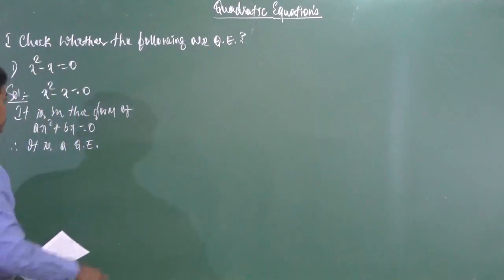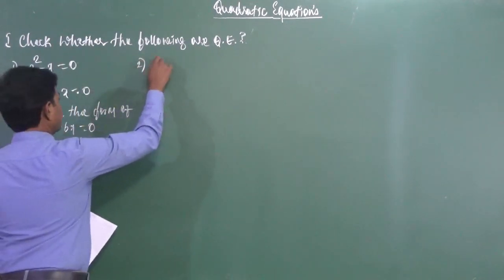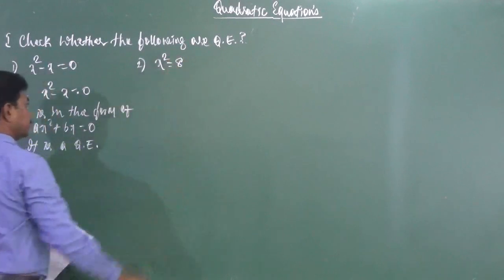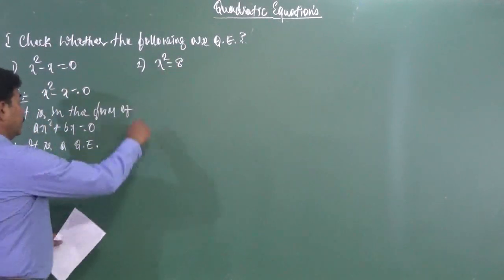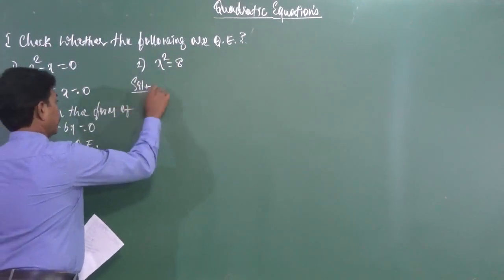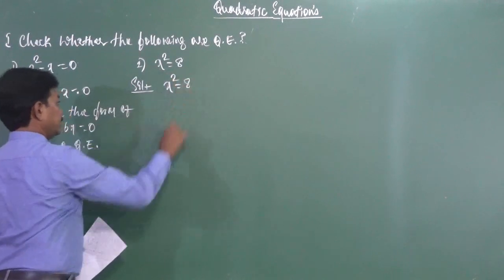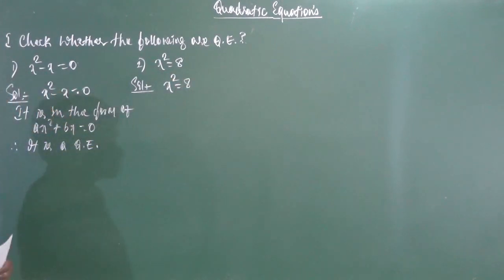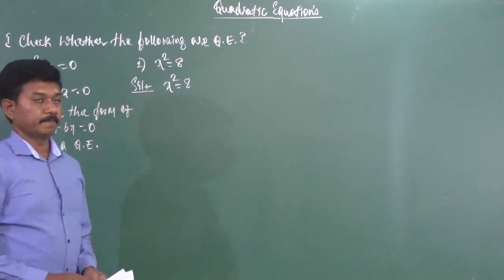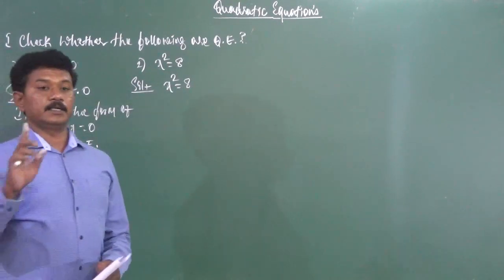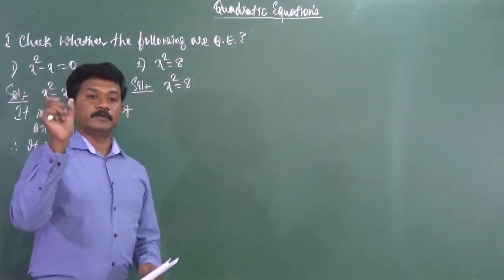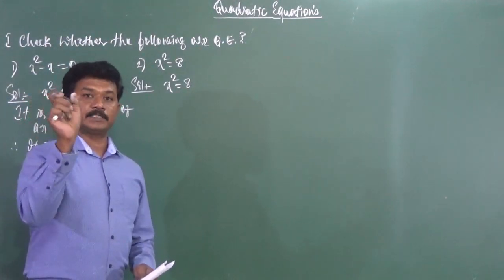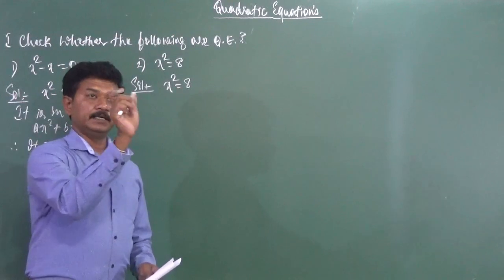Second one, x square is equal to 8. Okay, x square is equal to 8. It is not in the standard form. Standard form means the given quadratic equation should be in the form of ax square plus bx plus c is equal to 0.